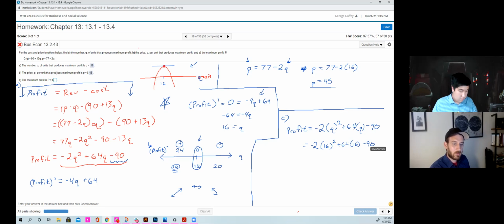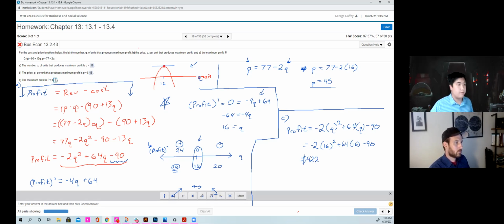Very nicely done. Equals 422. Oh, and it was written right there? No, I was writing it as you were doing it.